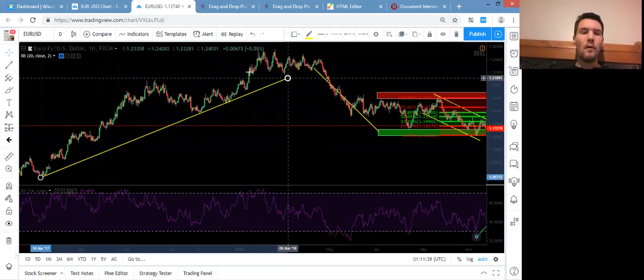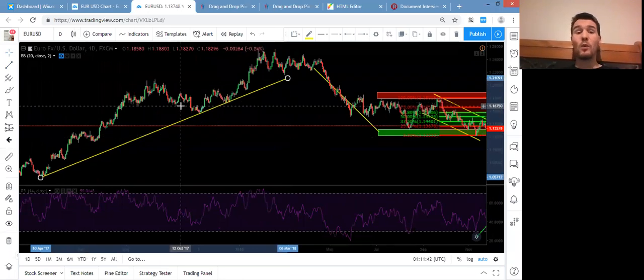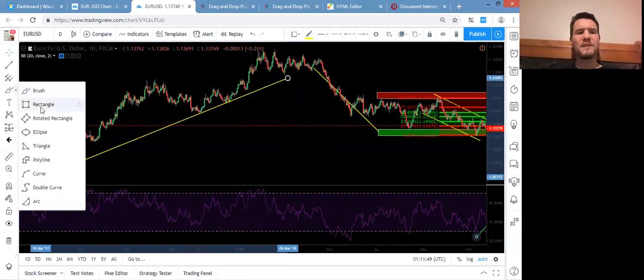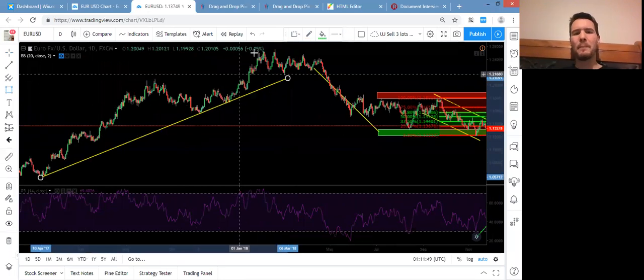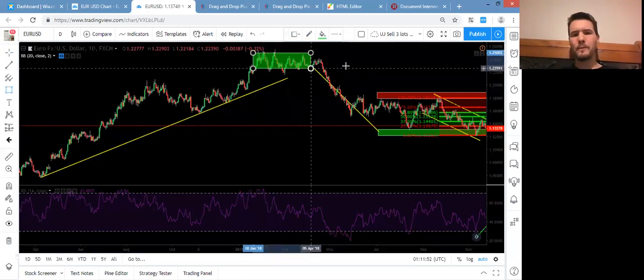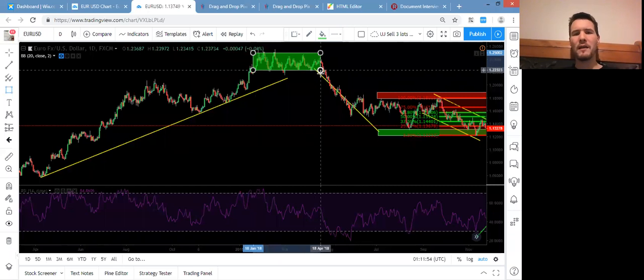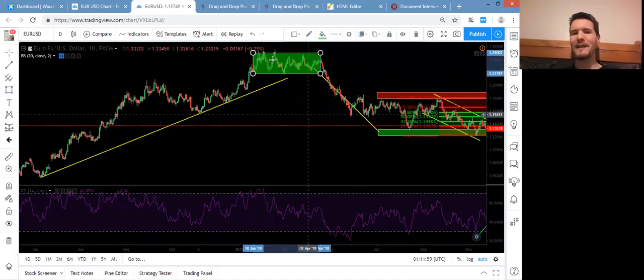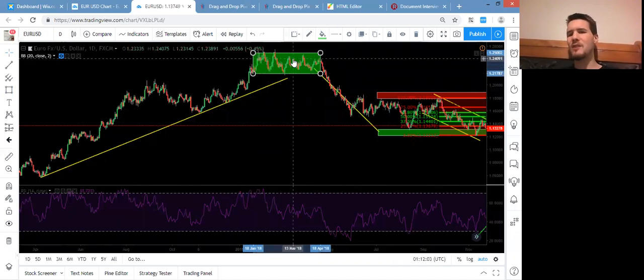So you can see that the rally here was pretty strong. And then what happened? We reached resistance, but then what happened? The market went sideways, right? Went sideways for a while. It didn't really pull back. It didn't really go up. It just kept retesting this zone.